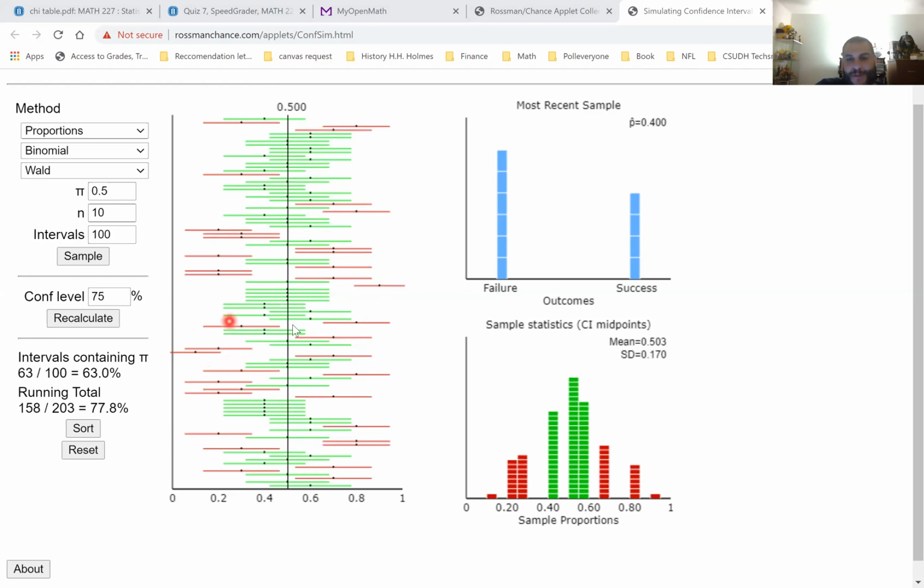But also, what happened to my interval? Did it get wider or did it get narrower? It got narrower. So actually, when you lower the confidence level, your confidence interval gets narrower and narrower. Think about it: when are you more confident?